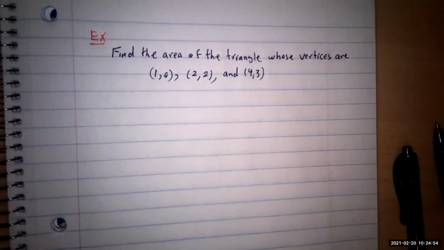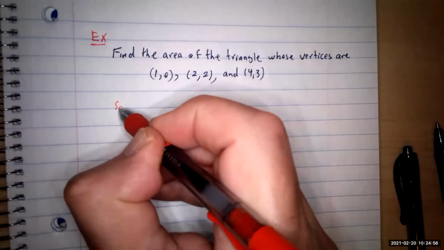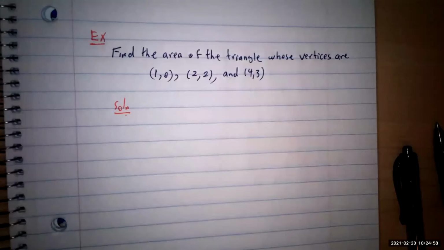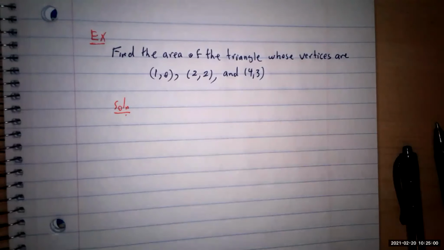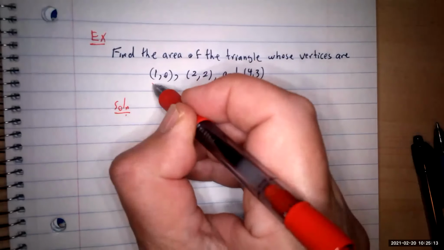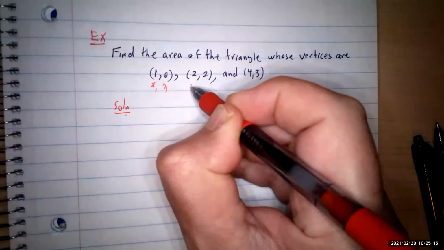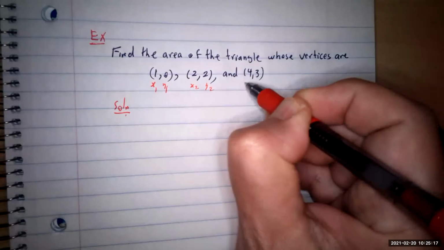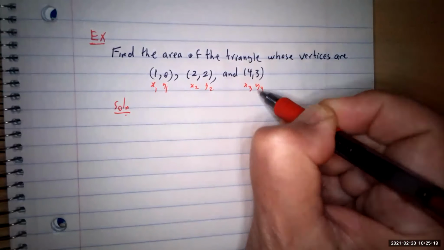Okay, so there you are, solution. Label the points, form that matrix, and substitute the numbers. Label these as x1, y1, x2, y2, x3, y3.